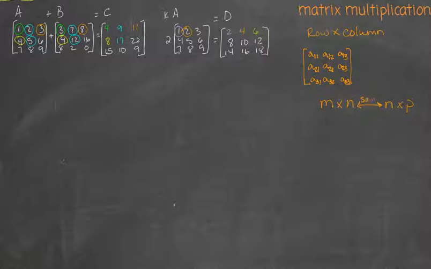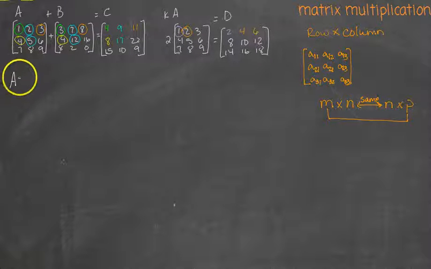So these have to be the same number. If you write them side by side, that inside number has to be the same. And then informationally, the result of multiplying two matrices together will give you an M by P matrix as an outcome. So let's do an example.